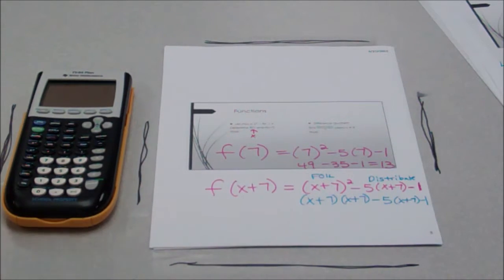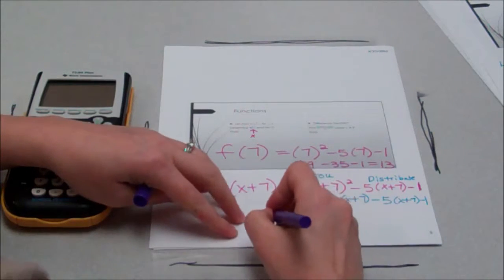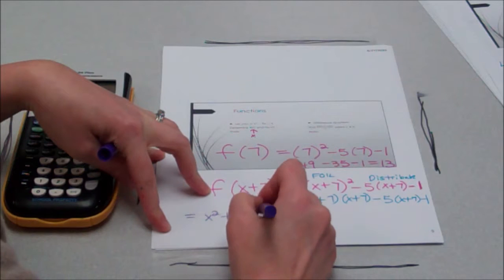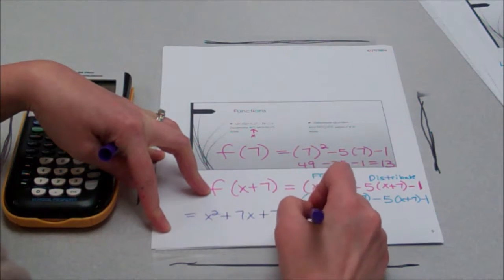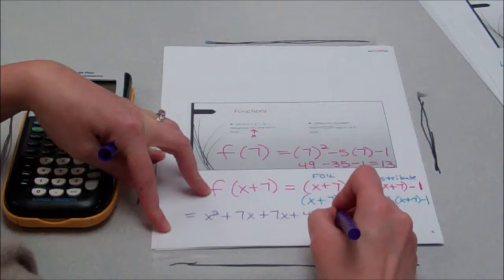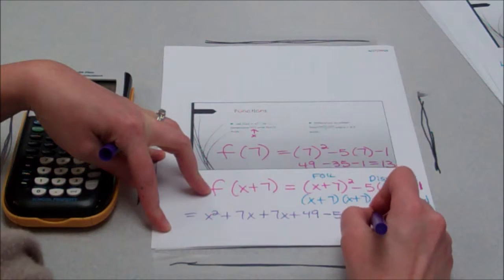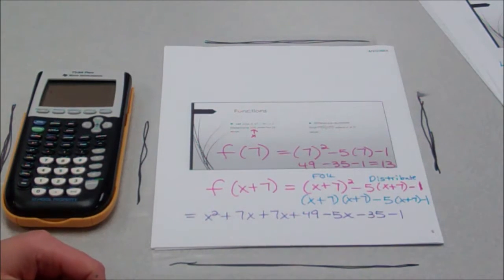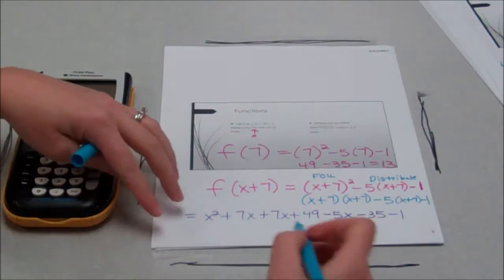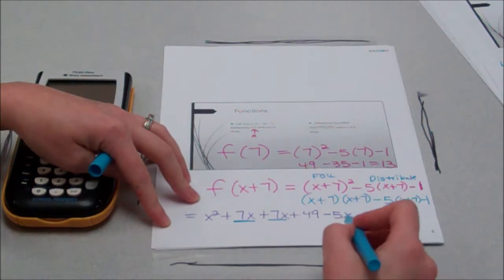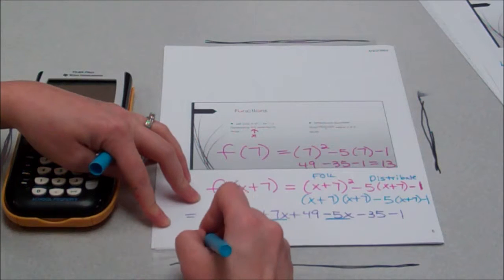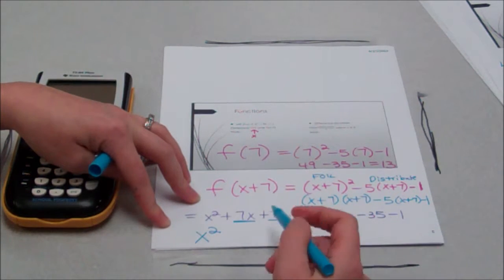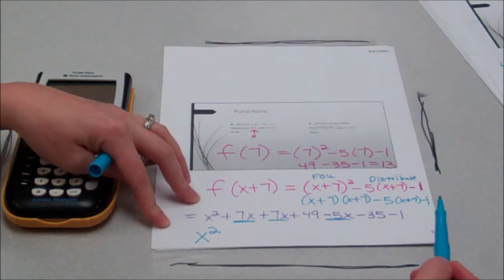All right. When I FOIL, it's going to be first, outside, inside, last. When I distribute, it's negative 5x, negative 35, and minus 1. I'm going to look for my like terms, things that I can put together. The 7x's and the minus 5x can go together. The x squared has nothing to go with, so the x squared is by itself. 7 and 7 is 14.